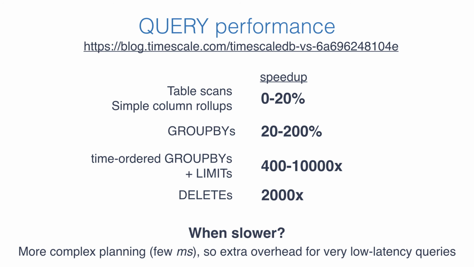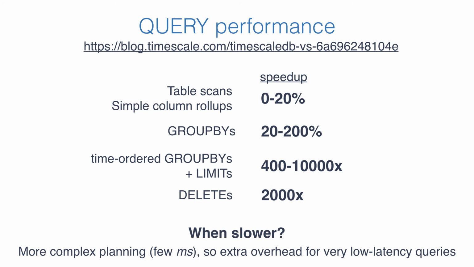But we're not fast on everything. If you're doing really low latency key value type lookups over your data, then we might be slower because we're not partitioning data, and so there's a lot of chunks, and so the planner has to work harder, which adds a few milliseconds of extra latency for planning time.